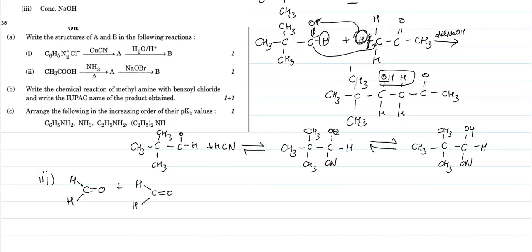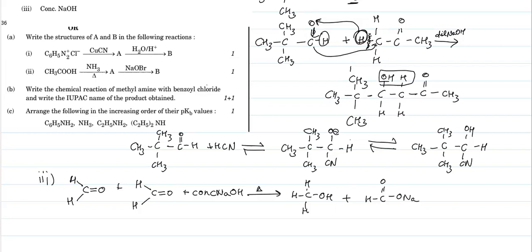So these 2 are reacting with concentrated NaOH, and on heating, it's going to give us an alcohol and a sodium salt of carboxylic acid. So we're going to get H, C, H, H and an OH plus a sodium salt of carboxylic acid, so HCONa.